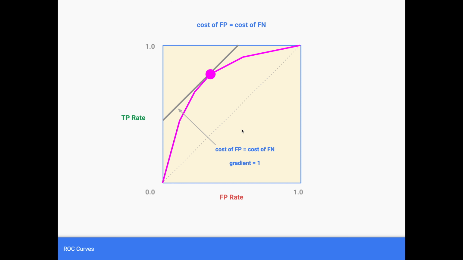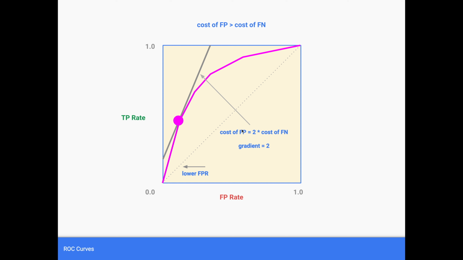So here now we've said the cost of a false positive, let's say it's double. Now intuitively we want to be more conservative then. We want a lower false positive rate because that's what costs us more, so we move in the left direction. Now I won't do the maths here, but if you wanted to look it up, I've linked the references. You'll see that this gradient here now becomes 2.